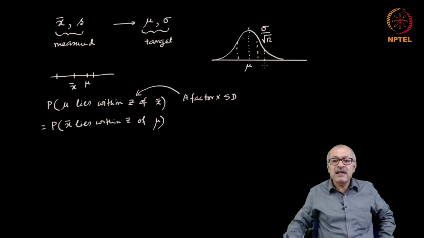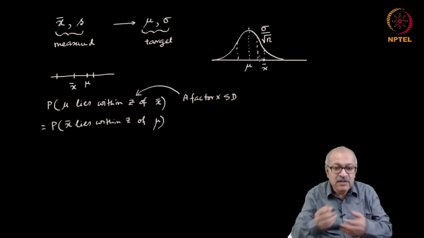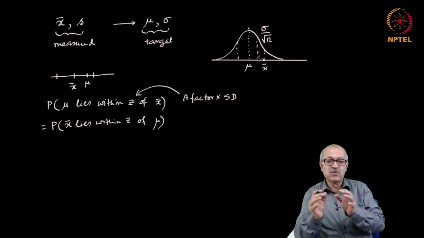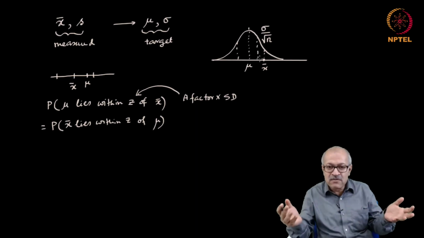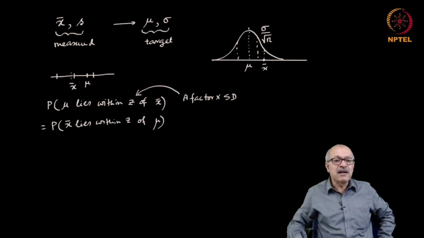So, if x bar is at a distance z from mu, then it is possible to find out the area under the curve to the left of that value of z. And from that we were able to calculate the probabilities, and hence the confidence with which we can state that mu will lie within a certain range of x bar.